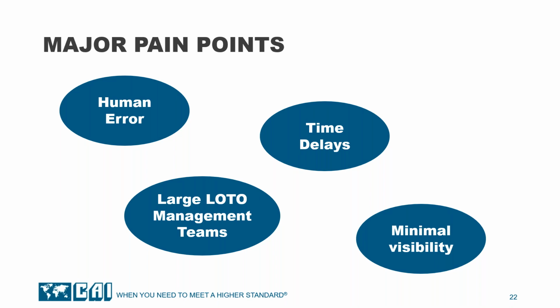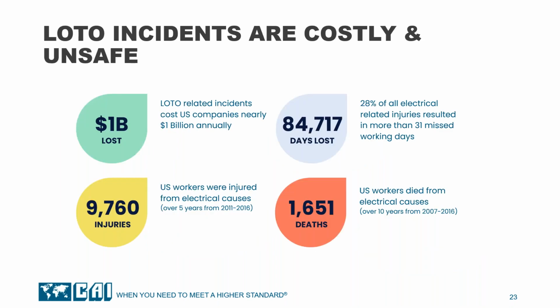Because this is lockout tagout and because this is a safety implication, I wanted to reiterate again. Now, these are some statistics that come out of OSHA, NFPA sources. So every year, US companies lose nearly $1 billion to lockout tagout related incidences. 28% of all electrical related injuries result in more than 31 days missed.